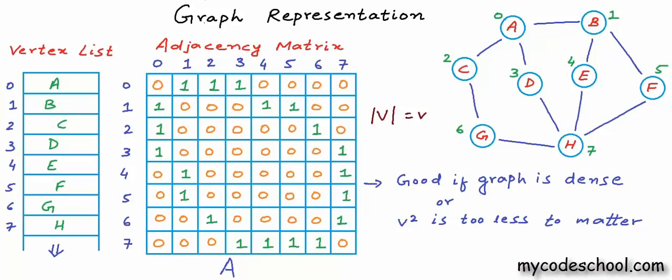A web page would have links to only a few other web pages. So the graph would be sparse. Most real-world graphs would be sparse, and adjacency matrix, even though it's giving us good running time for the most frequently performed operations, would not be a good fit because it's not very efficient in terms of space.